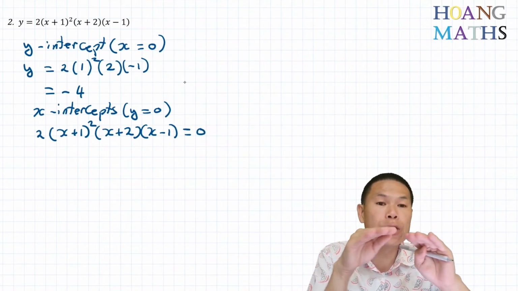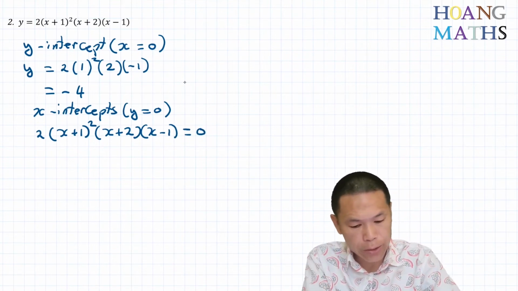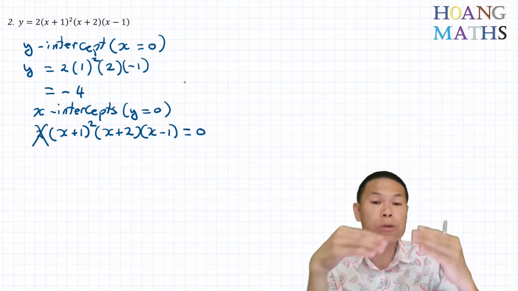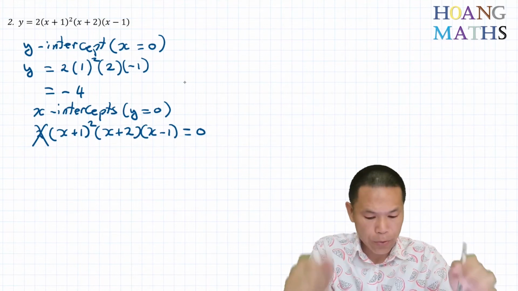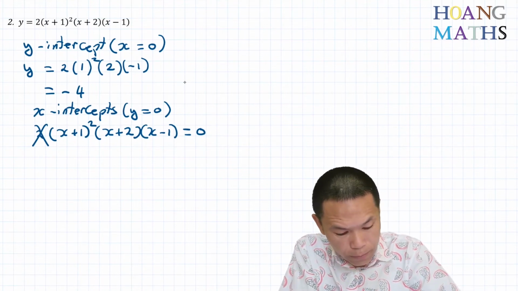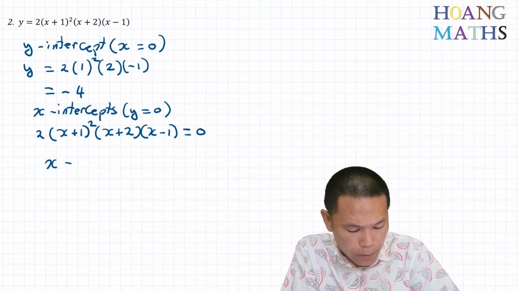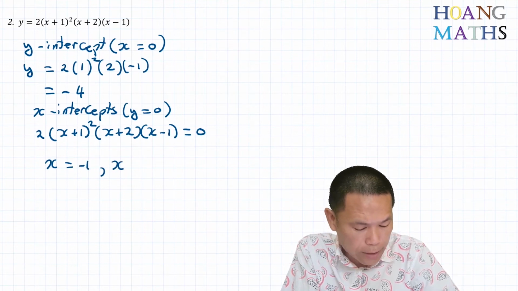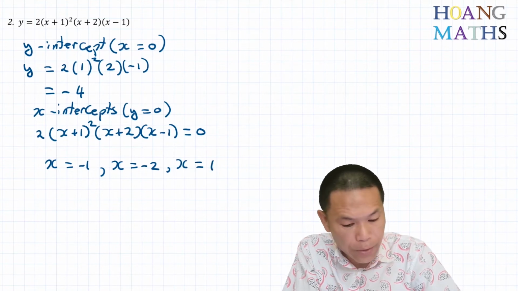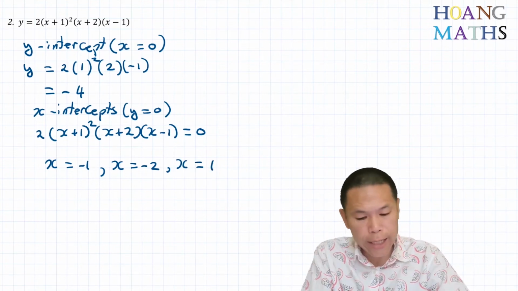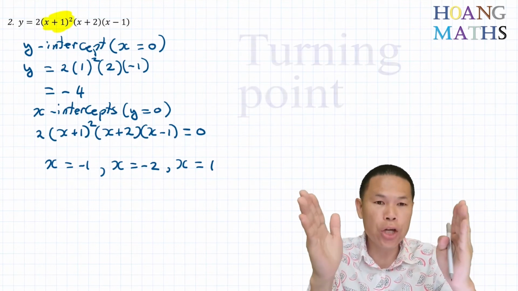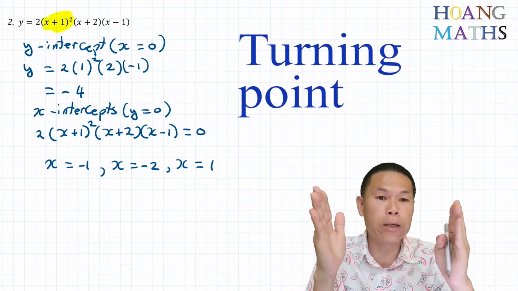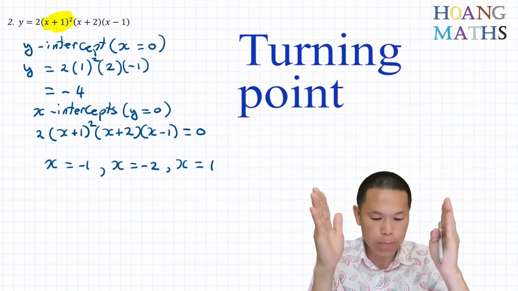And if we divide by 2 on both sides, so these 2 can be cancelled out, and then 0 divided by 2 is still 0, right? So therefore, x equal -1, x equal -2, and x equal 1. And please don't forget, when x equal -1, this is the turning point because of x plus 1 to the power of 2. So there is a turning point there.